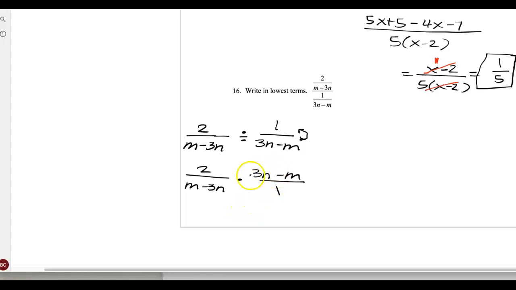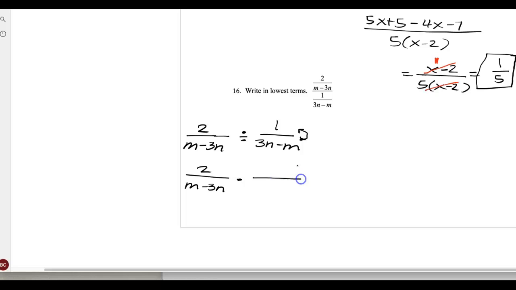However, these are kind of similar to each other, and so I would say it would be best to rewrite this. Let me show you, it might be easier to see. Do you see this one has the m written first and this one has the n written first?